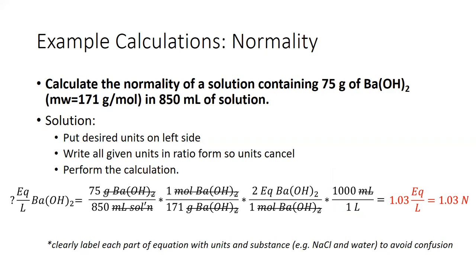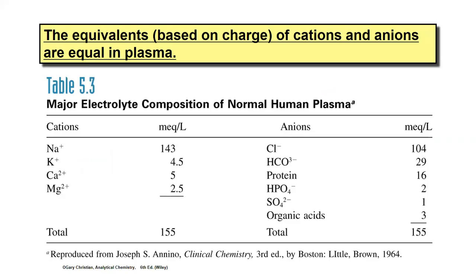All right, so one thing that's cool about plasma is that the equivalents, which are based on charge, of cations and anions in your plasma are actually equal. So your body is net neutral at any given point, unless something's gone out of whack. Even then it's still neutral, just the ratio of anions and cations changes. But you can see that the actual charge is the same for the anions and the cations.